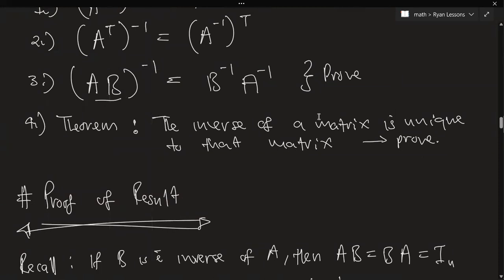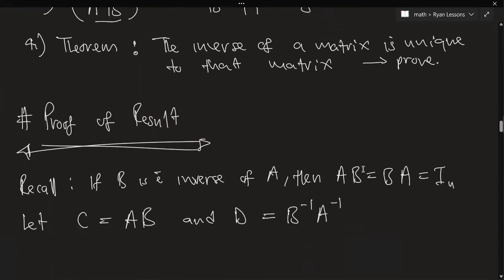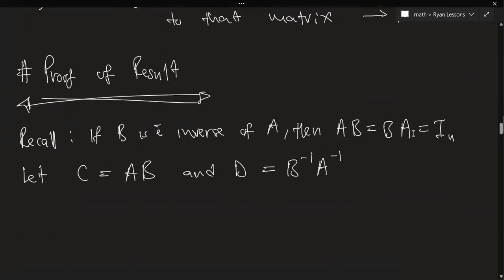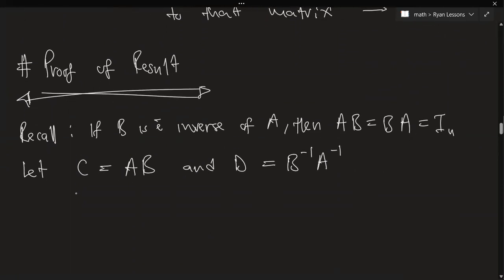So these 2 things must satisfy this property, that when you multiply them, you get the identity matrix. So let's see that is the case. Now let's multiply C and D. So CD is going to be AB times B minus 1, A minus 1.